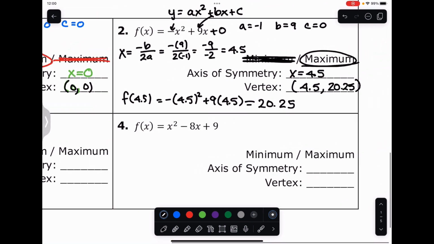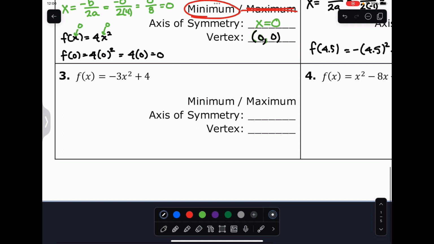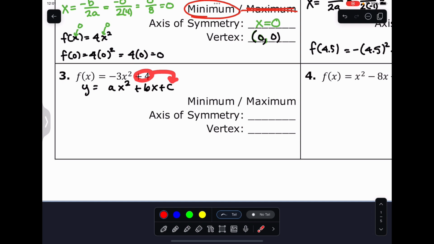Okay. Moving on to the next example. Notice again the standard way of writing our quadratic is y equals ax squared plus bx plus c. Notice that the middle term doesn't have an x. The reason for that is because this is not bx, this is our c.